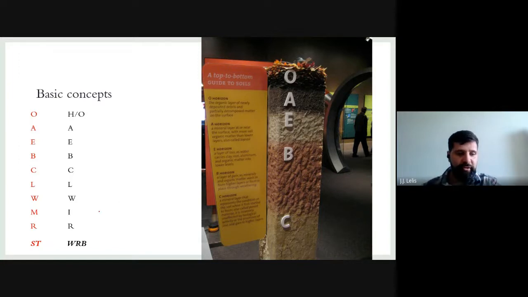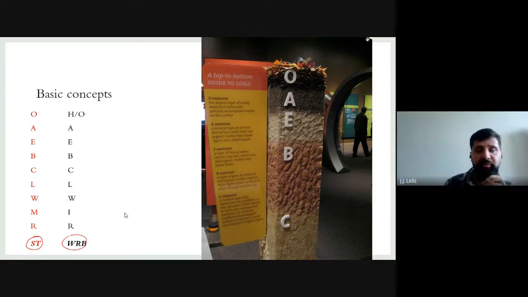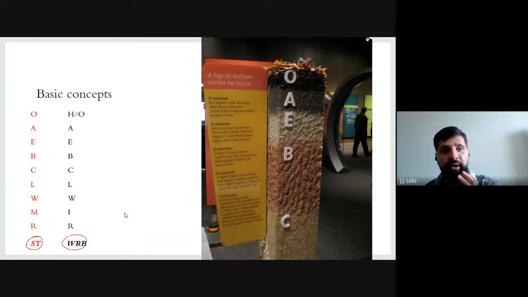Here, I will just use Soil Taxonomy and the World Reference Base for Soil Resources, because in Brazil we have a soil classification system, but it's not a good one for paleosols, because we don't have some definitions that could be very interesting and useful to distinguish modern soils and paleosols.